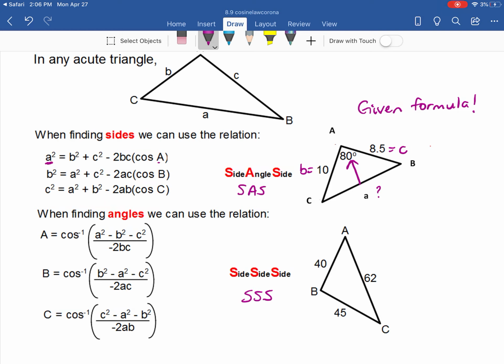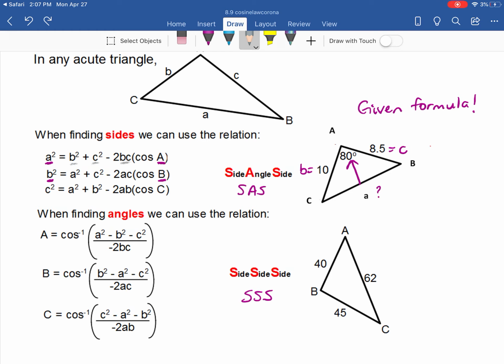I'll just write it over here. Okay, so if you look, the side that you're looking for or given goes with the angle you're looking for or given. So a squared equals b squared plus c squared minus 2bc cos A. B squared goes with angle B. So then you do the other two, a squared plus c squared minus 2ac.